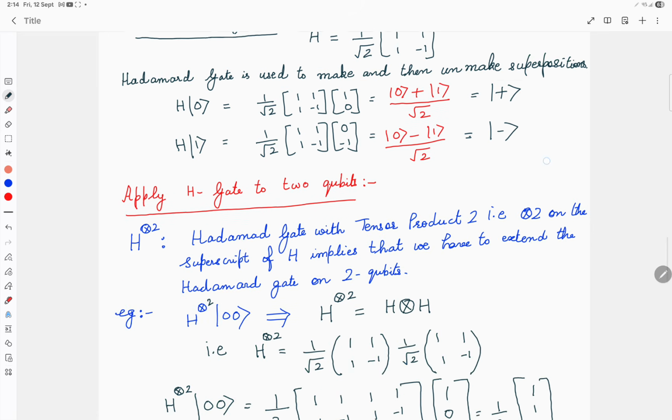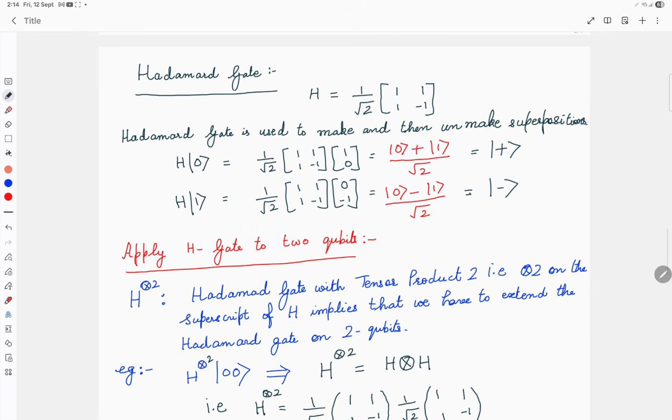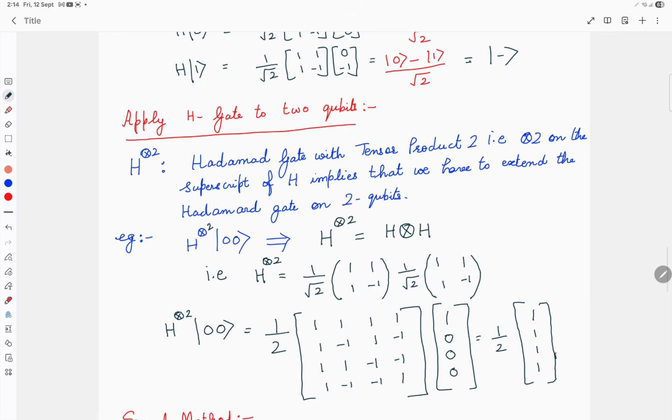Now we have to extend the use of the Hadamard gate to multiple qubits. So let us extend the application of the H gate to 2 qubits. How can you represent the application of the H gate on 2 qubits? This is the way we represent it: H gate, the tensor symbol, and 2.